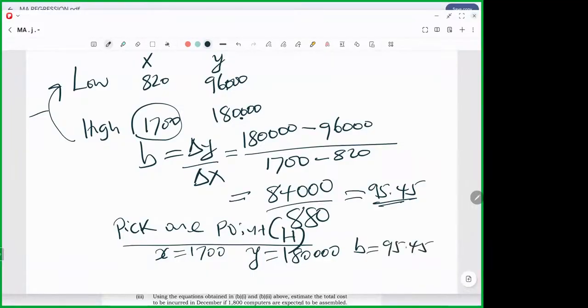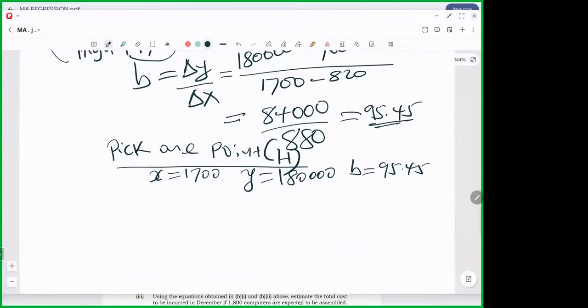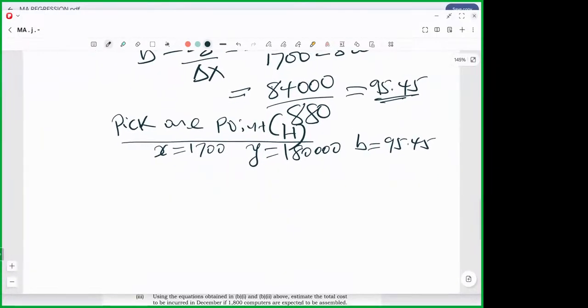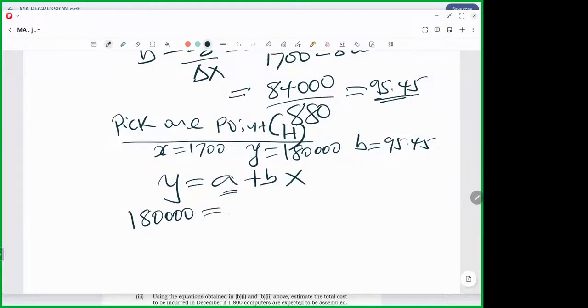From the equation Y equals A plus BX, what will be the value of A? From the point chosen, my Y is 180,000 equals A that I do not know, plus B that I know, 95.45, times X that I know, which is 1700.